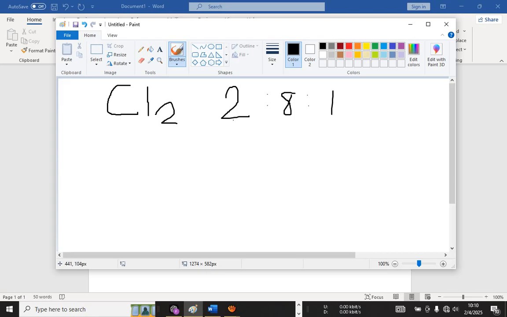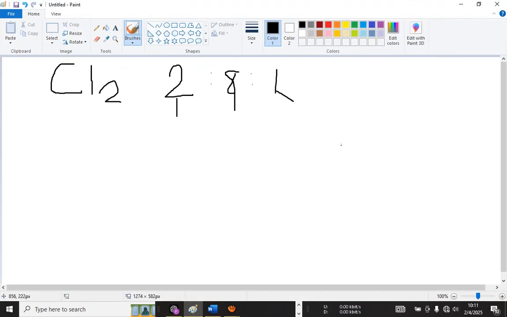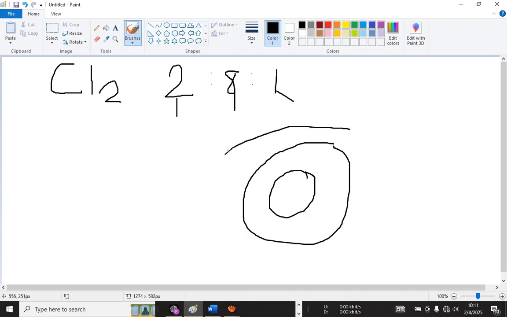The first shell has 2, the second shell has 8 electrons, and the last one has 1 electron. So these are the structures. Here you can draw the first shell, second shell, and the third shell. For the first shell you have a maximum of 2 electrons.